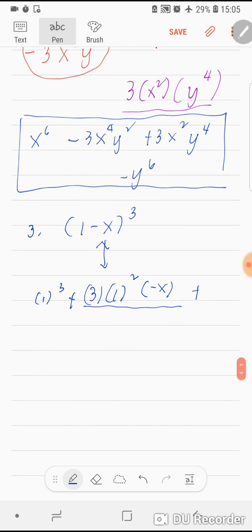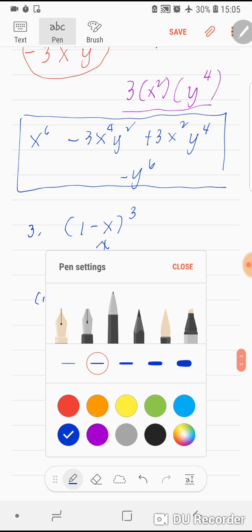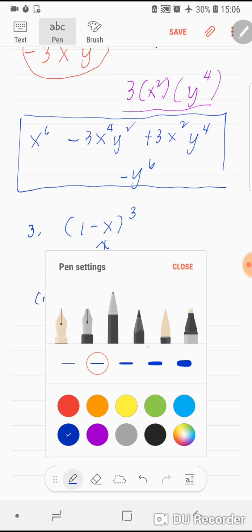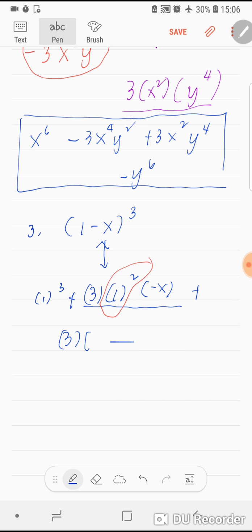For the third term, put down 3 again, since we're done squaring the first, which is 1, so it will be the turn for negative x to be squared. So 1, then negative x squared, plus negative x to the power of 3.